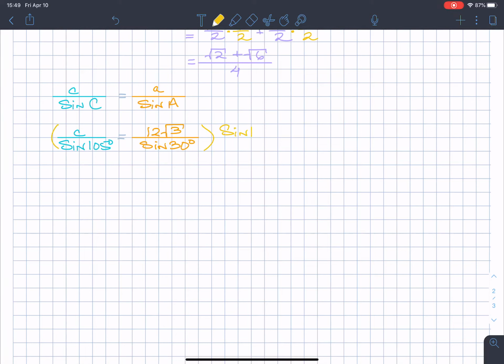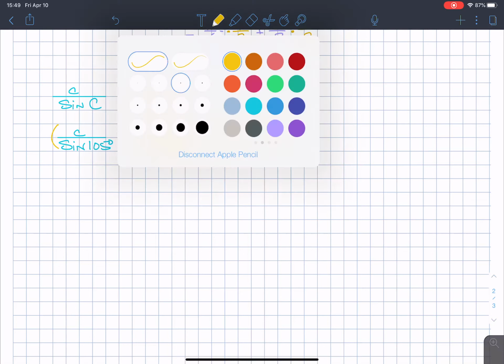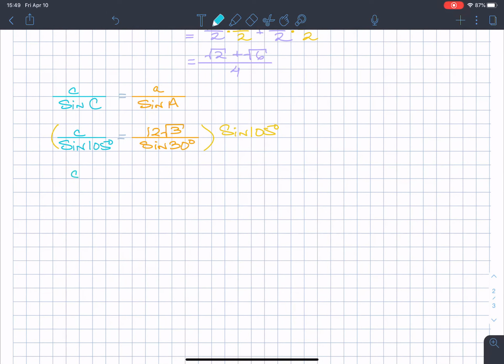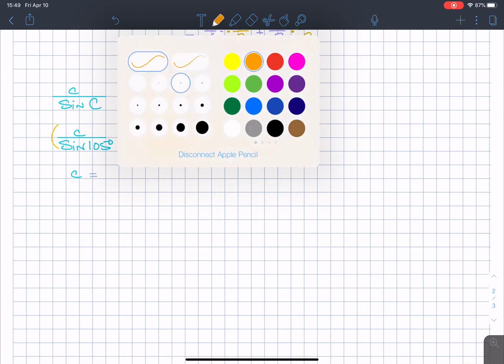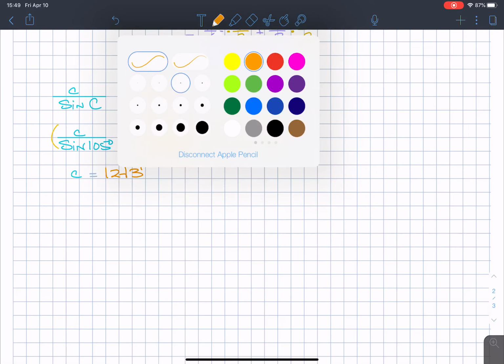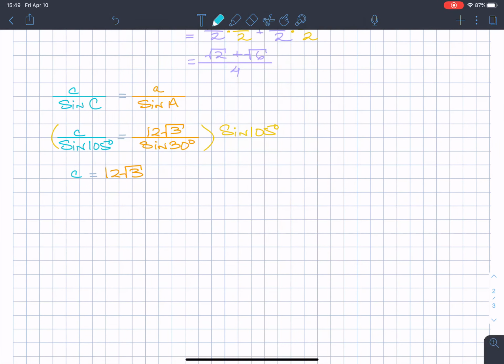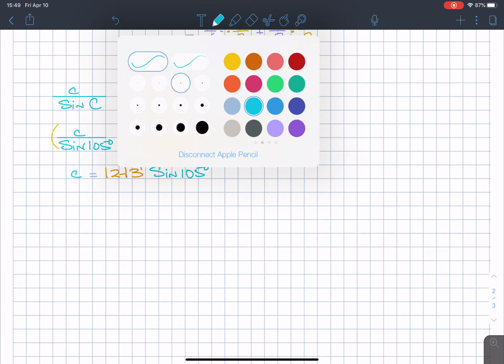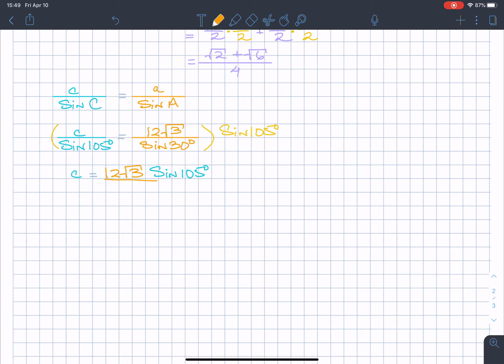So once again, I can cross multiply to solve for C. So I get that little side C is equal to 12 root 3 times sine of 105 degrees divided by sine of 30 degrees.